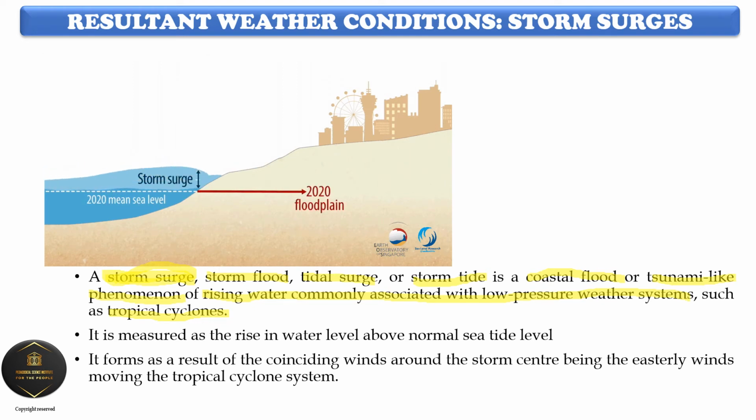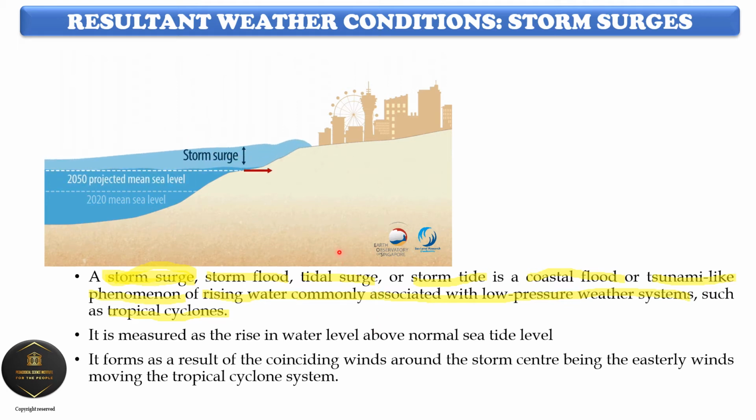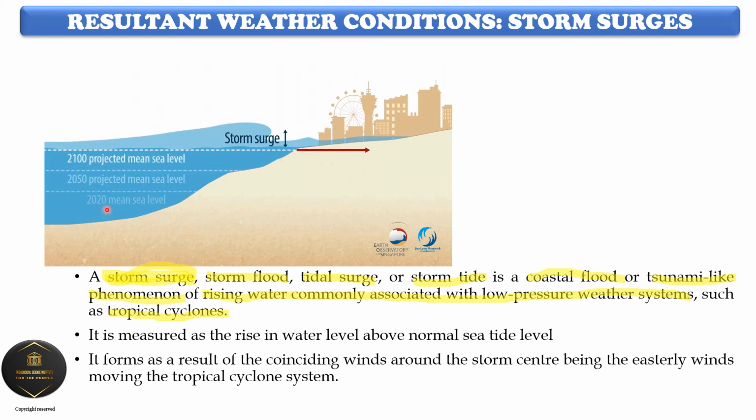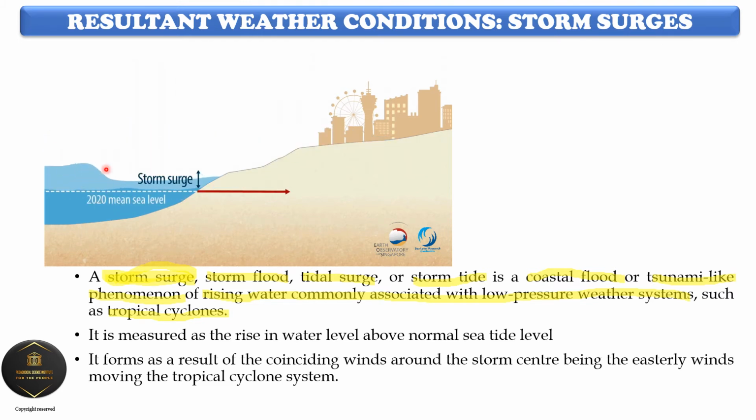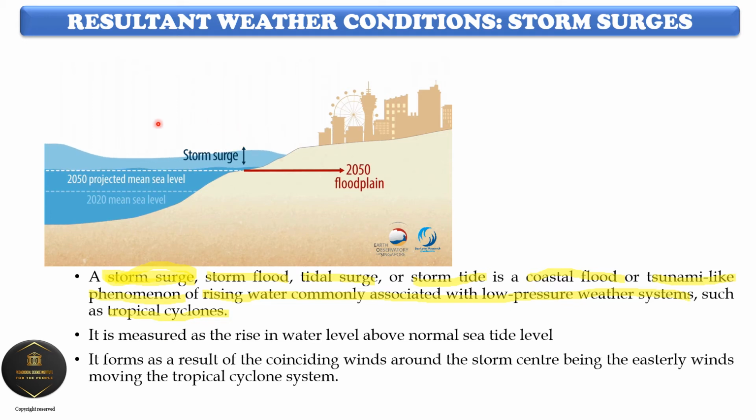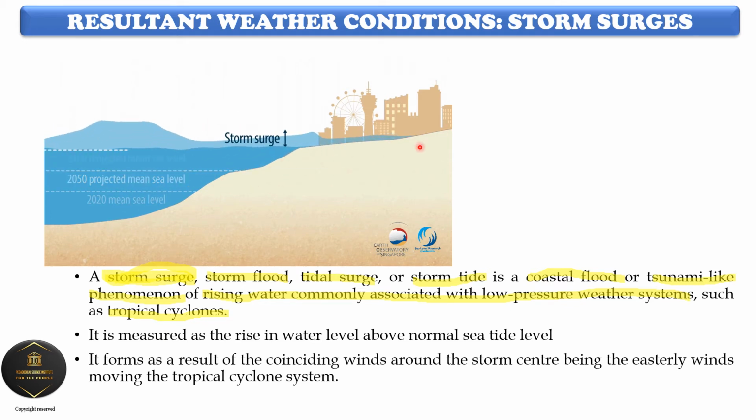So if you look at the animation here on the screen, it's showing us exactly what will happen when we have a storm surge. So normally our water, you see in 2020, the mean sea level was in that position. But we see that when we have a storm surge, water increases in a speedy fashion, and it goes up in altitude, it goes above sea level, and it ends up flooding coastal regions.